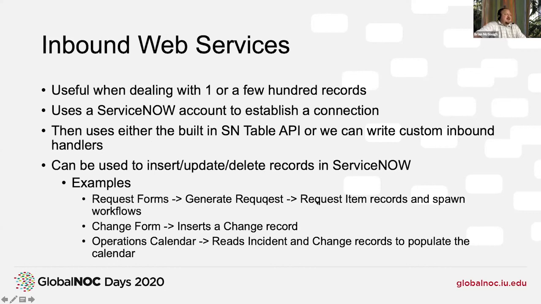The requests then generate records inside of ServiceNow, which are the request items, which spawn our service request based workflows. So we're taking information that people fill in on our web form and pumping that through the REST API into ServiceNow, which then spawns the appropriate request item and kicks off the workflow for that particular request.